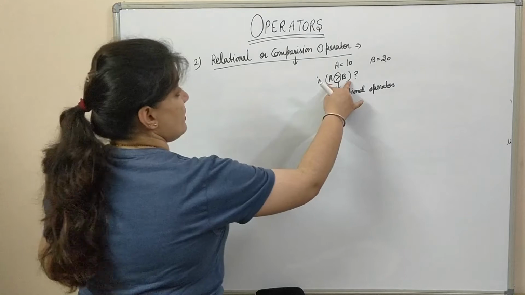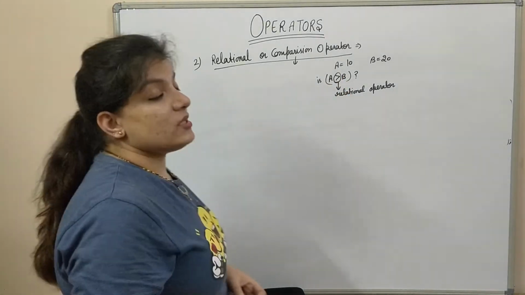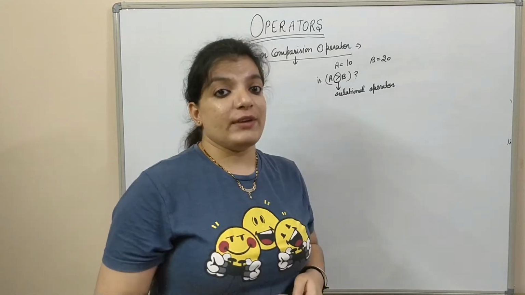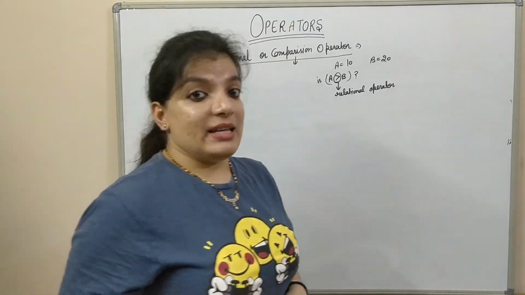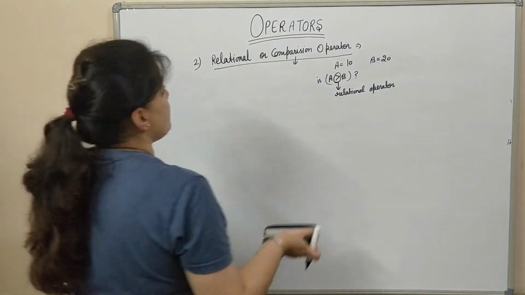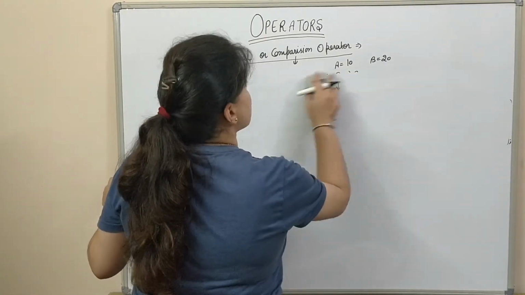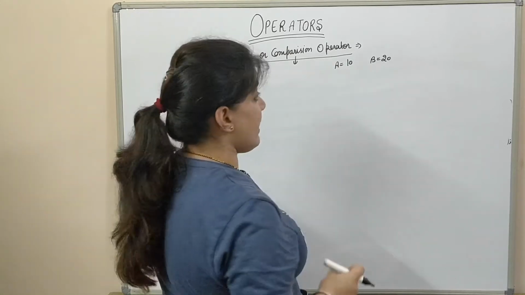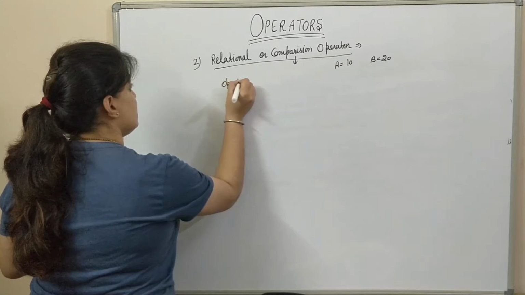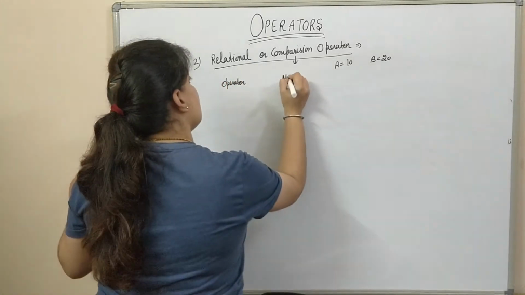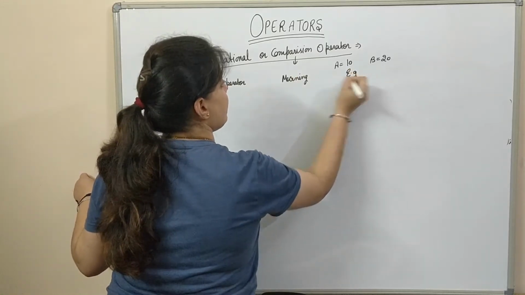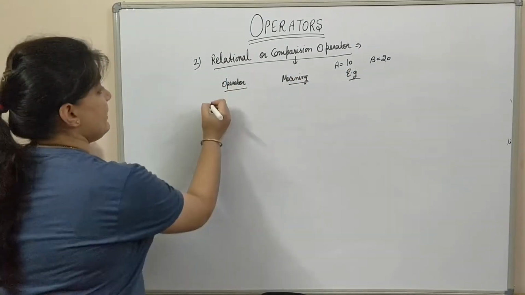The type of expression in which we are using relational operators is known as a relational expression. So what are the relational operators we have in C language, Java language and Python programming language? First of all, operator, meaning and example.